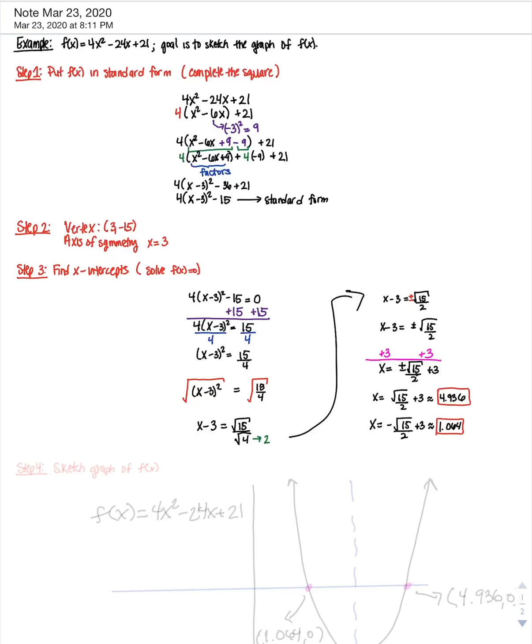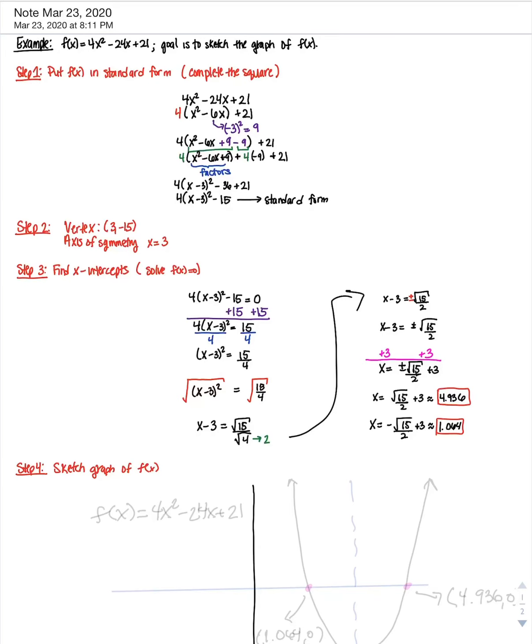We know what our vertex and axis of symmetry is. So our last step is to just go ahead and sketch the graph of f of x. So we will draw our axis.